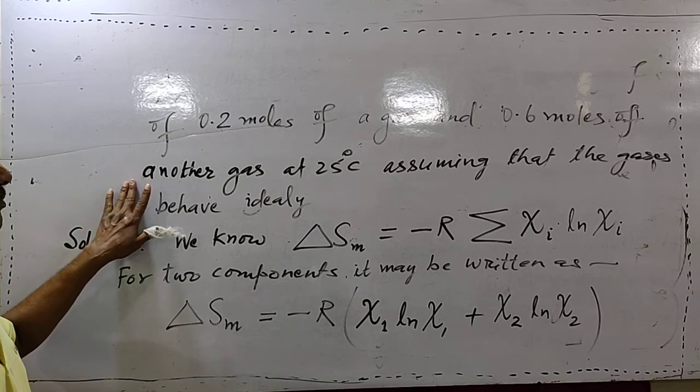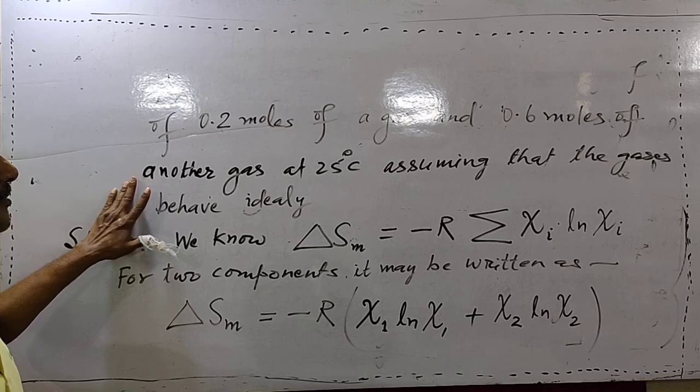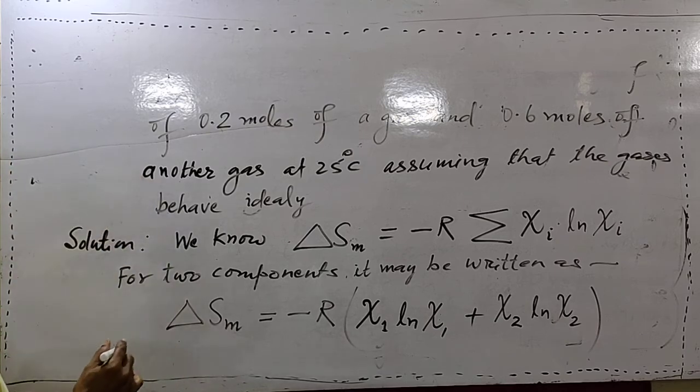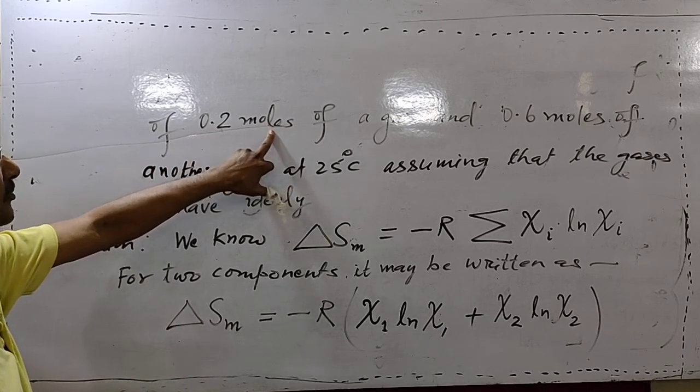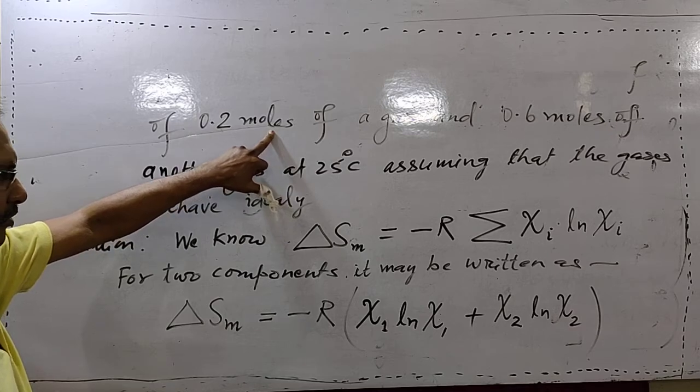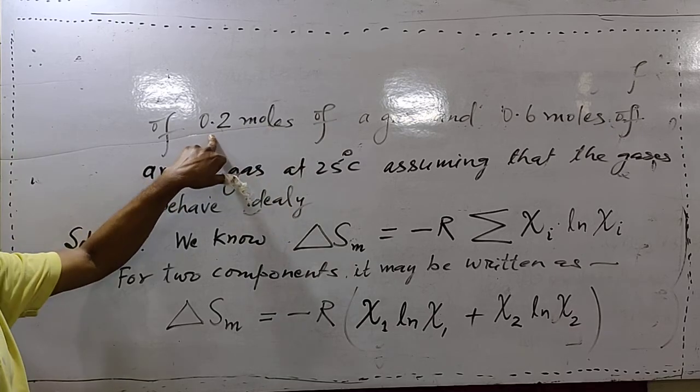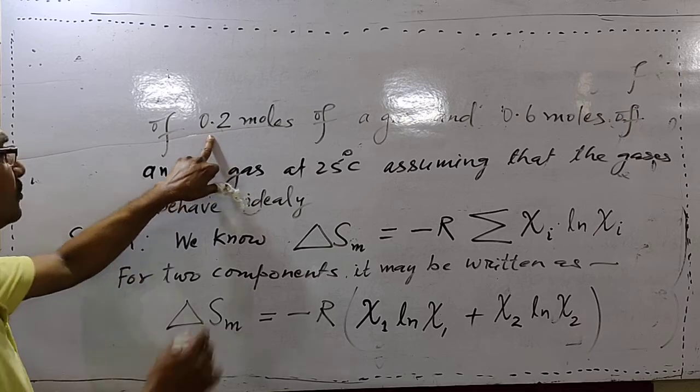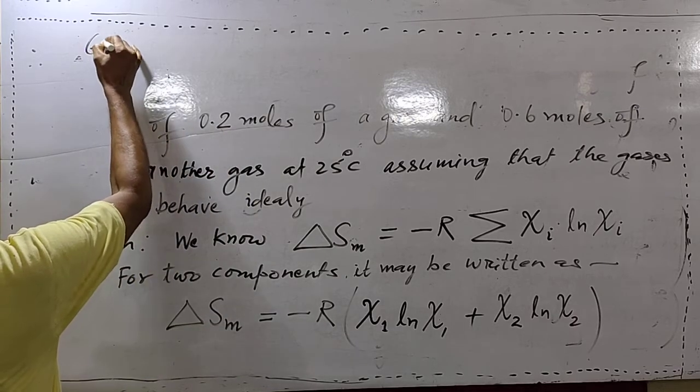Now, from the question, what is given? 0.2 moles of a gas. For the first gas, the number of moles is 0.2, given in the question.